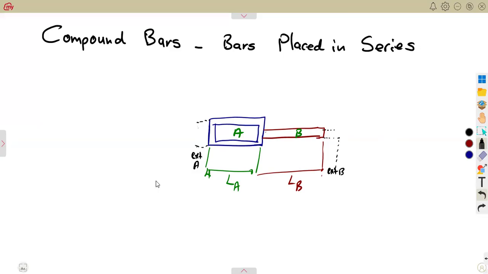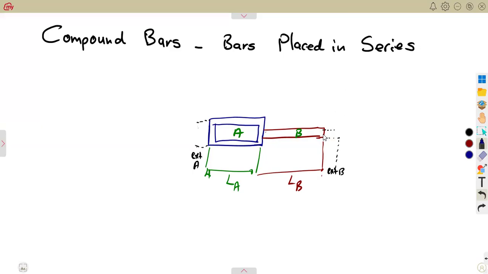By just noting this, we can see that in the series, these two lengths are not the same. The length for A and that for B. A is on its own, B is on its own. They are not the same. So what is it that you're going to consider to be the same?